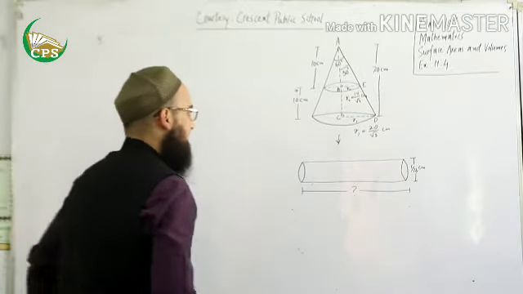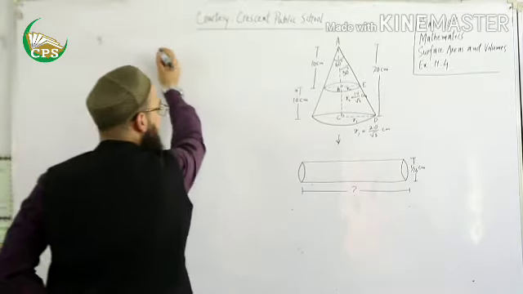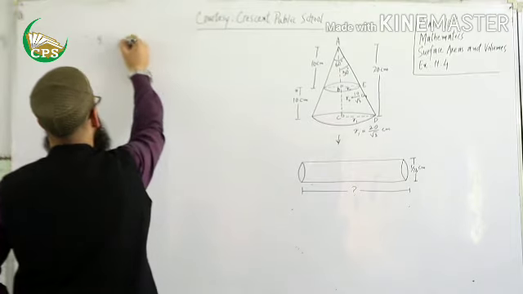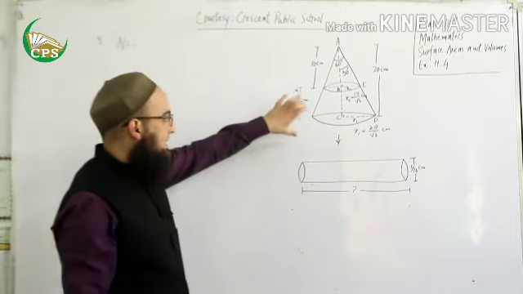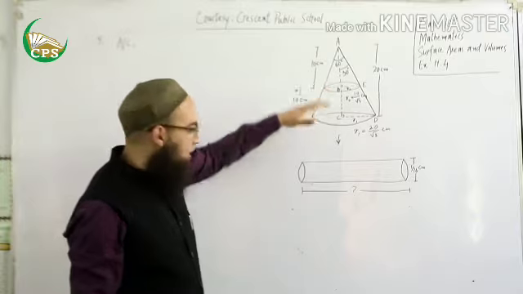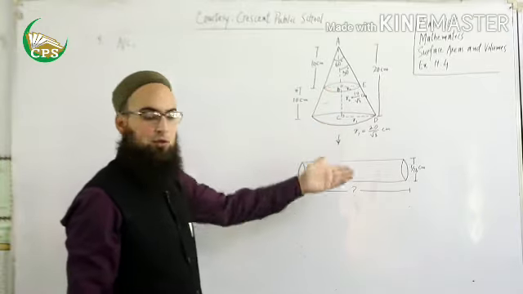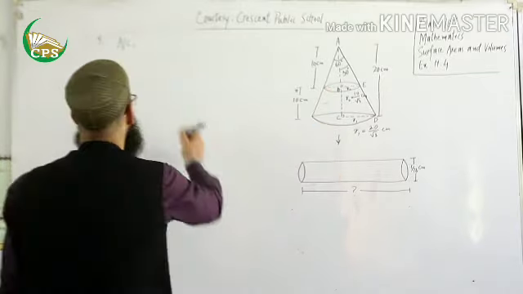Now, according to the condition, the question says that this frustum is drawn into the wire. That means the volume of the frustum would be equal to the volume of the wire.